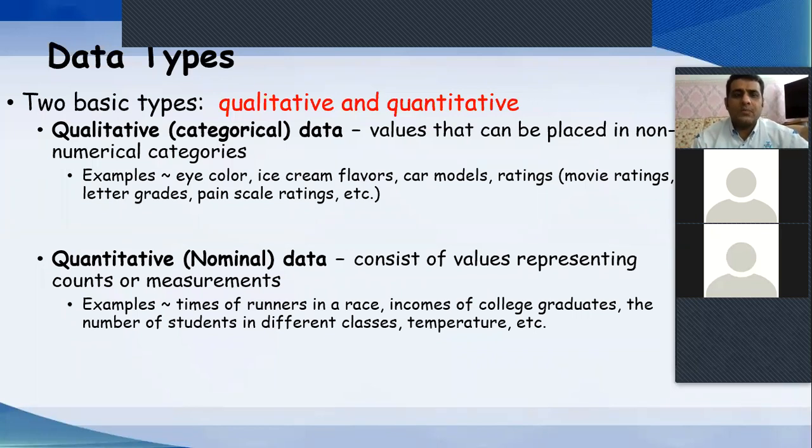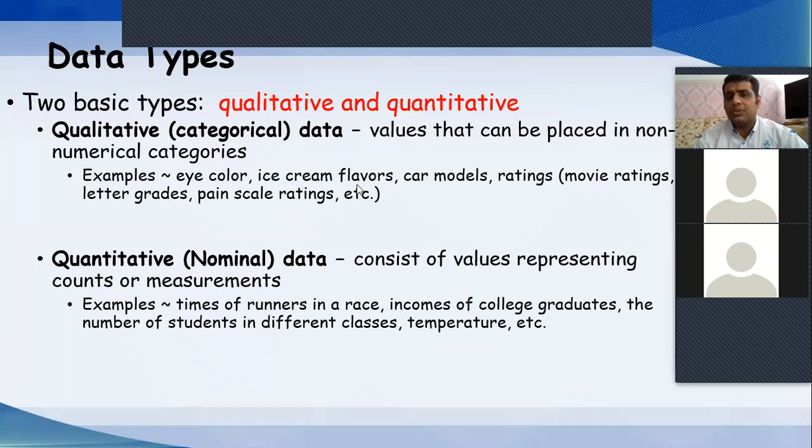So data that can be categorized further is called categorical data, or qualitative data. In qualitative data, an example is eye color. Eye color can be black, it can be yellow due to jaundice, it can be red sometimes, or if infection is there, it can be bluish sometimes. So eye color can be qualitative data.